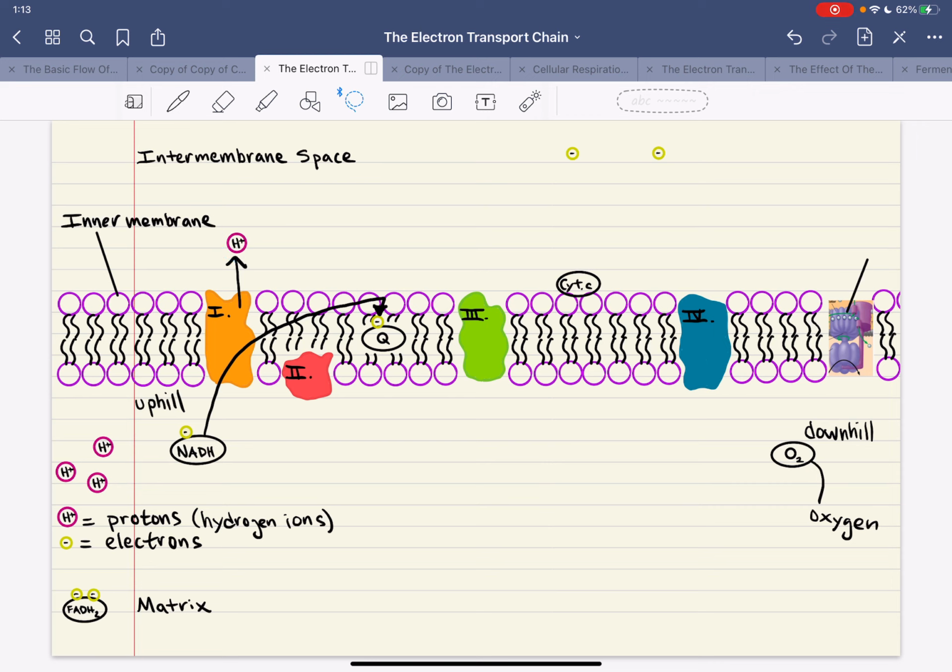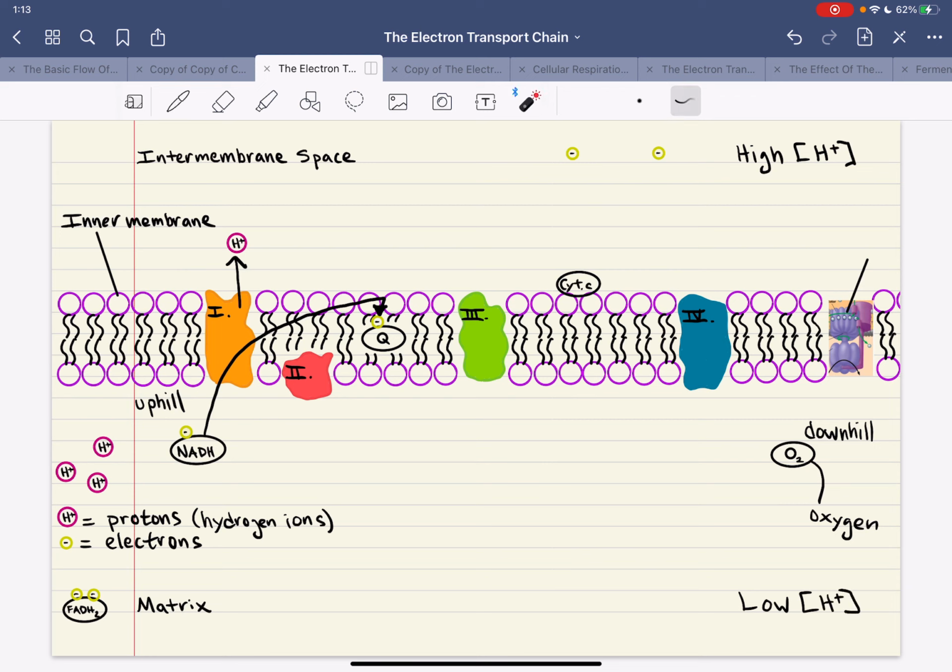Okay. Now, I should start by saying this. Let me draw this out. There is a high concentration of protons in the intermembrane space relative to the matrix.